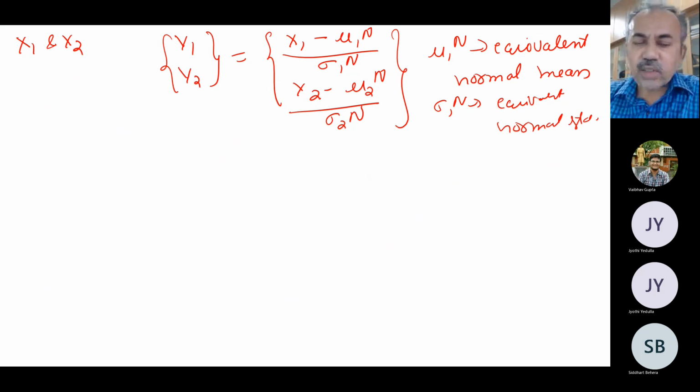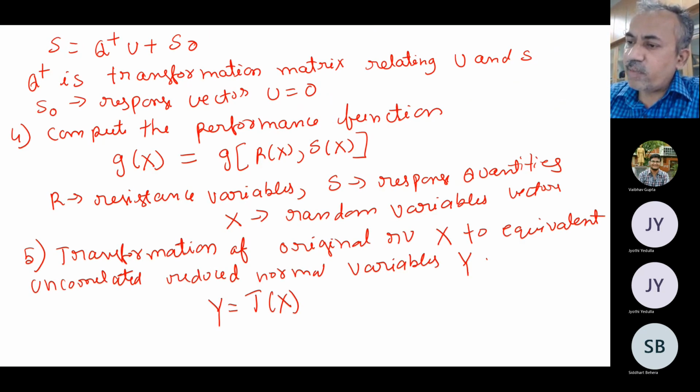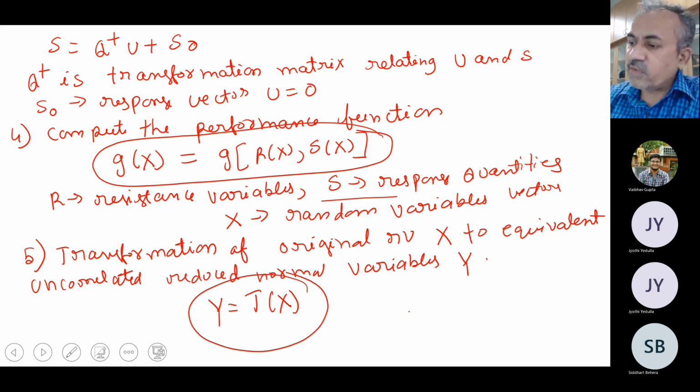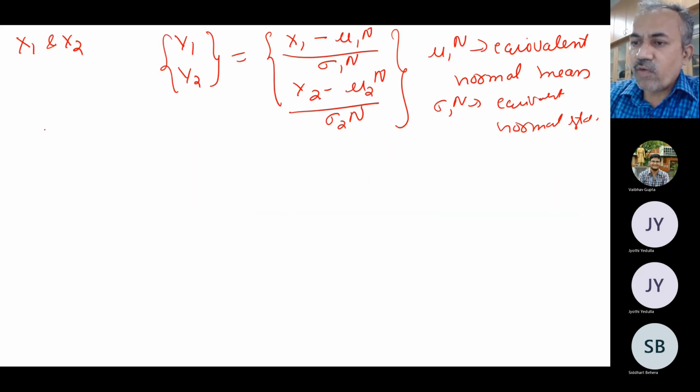Previously we have written the original performance function in terms of x. Now after this transformation, my performance function will be written in terms of y. Now in our reliability calculations, what else is required?